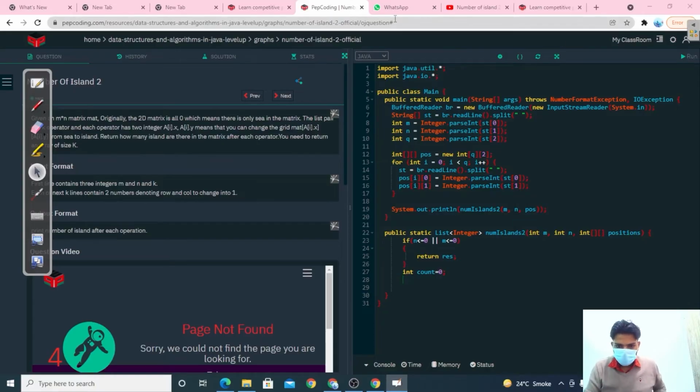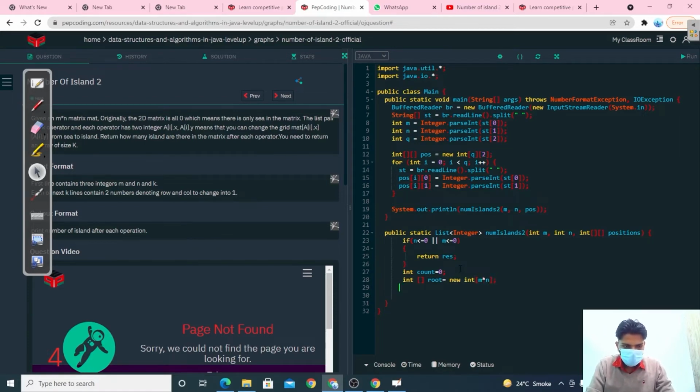After that, we go and put int roots. Roots is like a parent array, of size m multiplied with n.